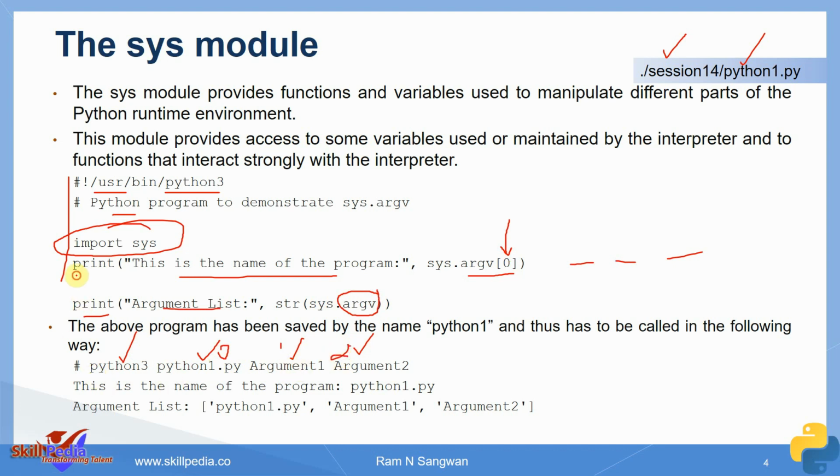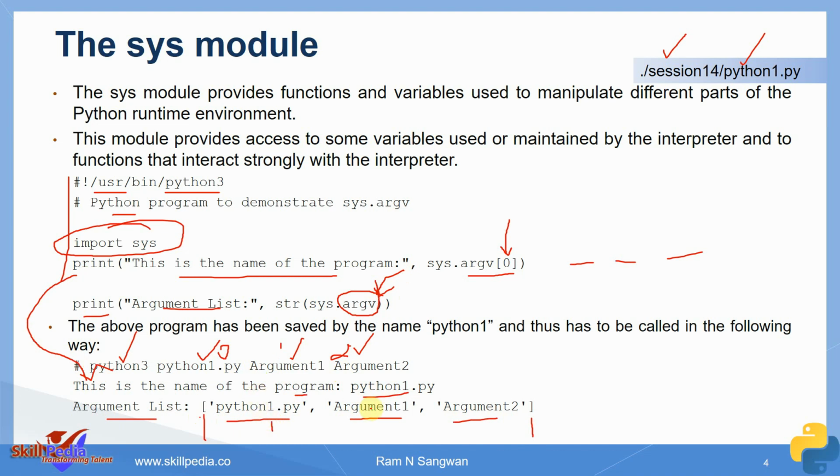This output which was printed here is coming from this line. This is the name of the program, Python1.py. And the argument list is, as you can see, a list of the elements you passed, and that includes the 0th element, first element, and second element. As I said, when you don't specify any index number, it will return all the values you passed to the program, including the program name itself.